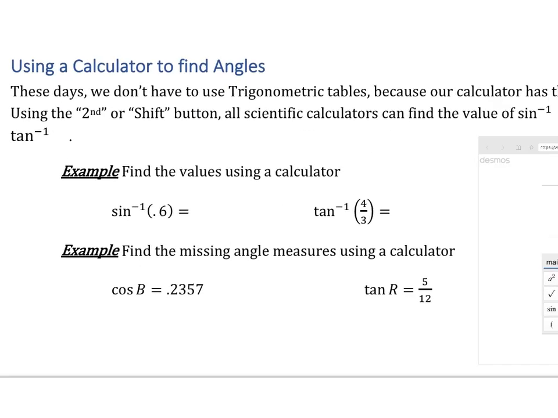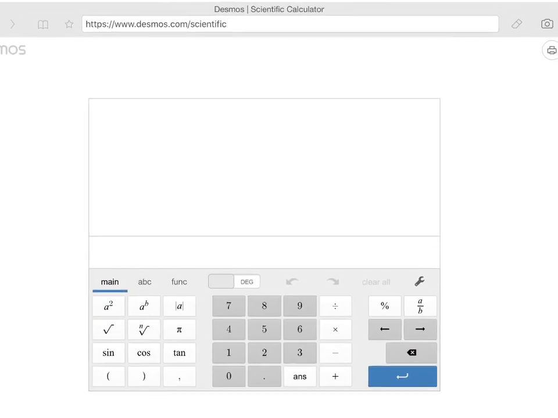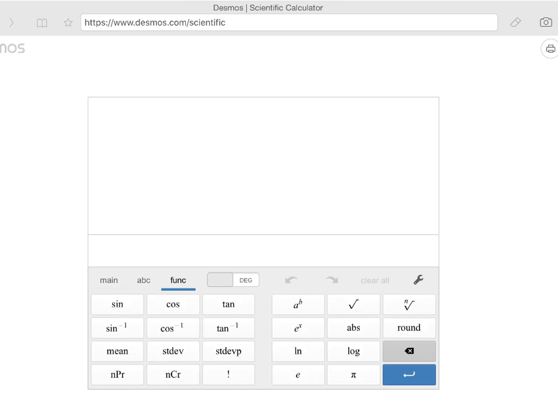So if we want to find that sine of 0.6, or that inverse sine, sorry, not sine, remember it's inverse sine, we're just going to go to our scientific calculator here. So we'll come on over here to Desmos, and we've got the inverse sine. On most regular scientific calculators, you'll see sine, cosine, and tangent right on the front of it.